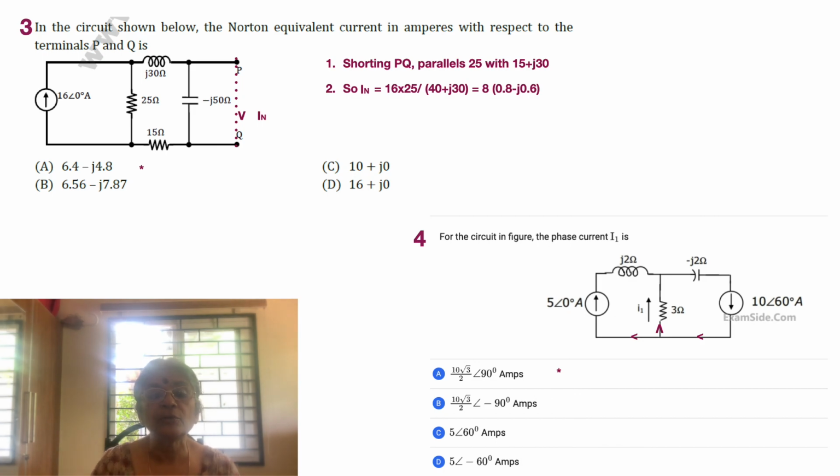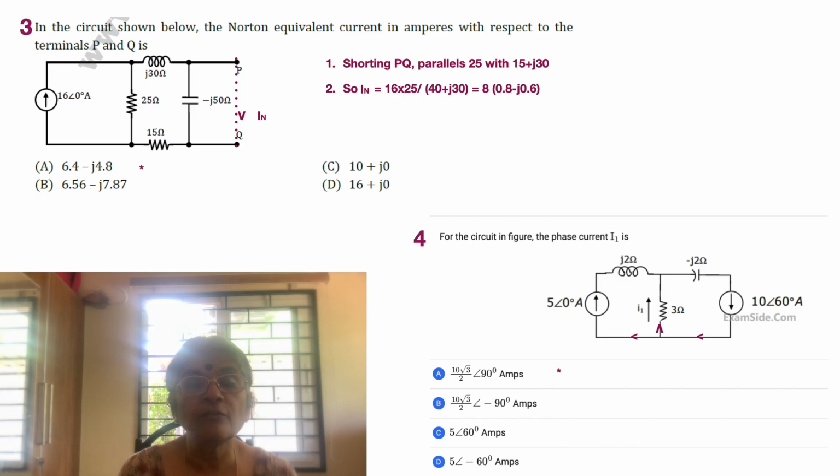Then it is going to divide into two: one is the horizontal component, the other is the vertical component. The horizontal component is larger, because 40 plus j30 is the way it has been divided. So it's going to be 0.8, and the other quantity is going to be 0.6. These things you can carry to any exam hall and do directly. Since 40 plus j30 is on the denominator, the angle is going to be negative, or in other words, you are going to have a minus in between.